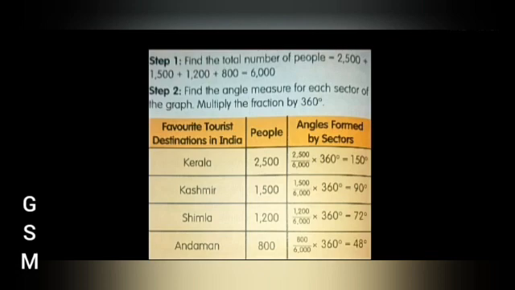Multiply the fraction by 360 degrees. The favorite tourist destinations in India: Kerala, people 2,500. The angle formed by the sector equals 2,500 divided by 6,000 into 360 degrees, which is equal to 150 degrees. Similarly, we can calculate the other angles. For Kashmir 90 degrees, for Simla 72 degrees, for Andaman 48 degrees.